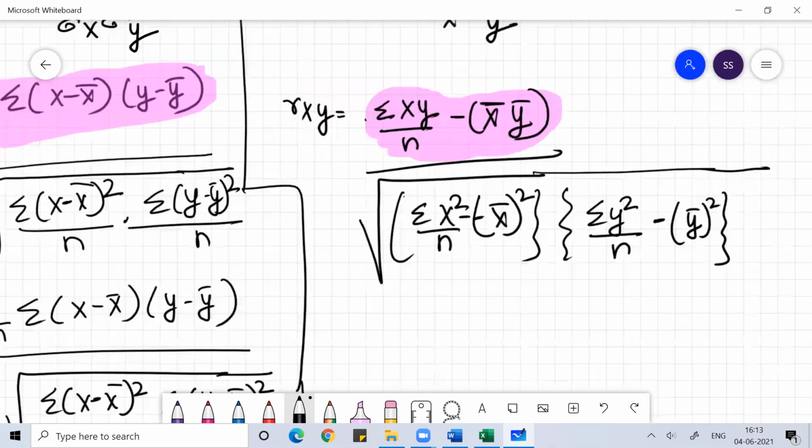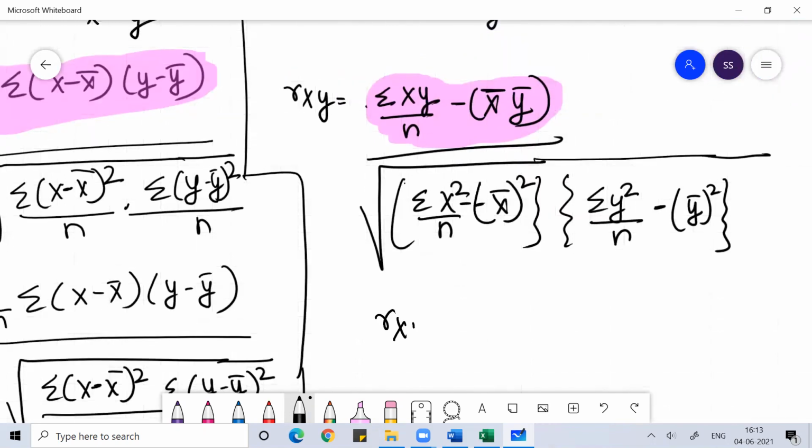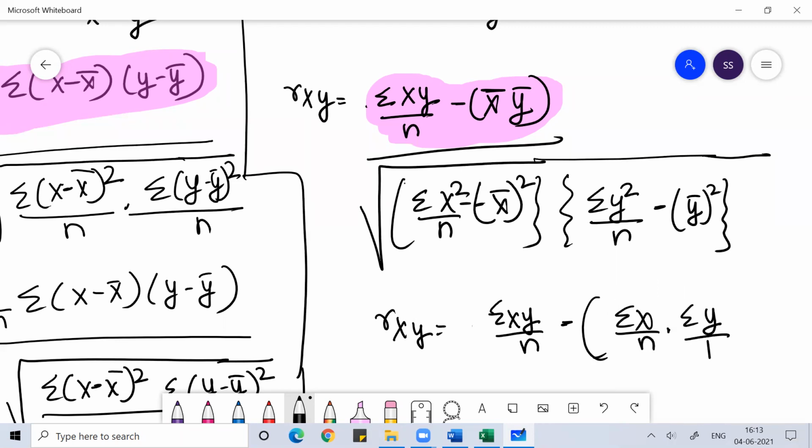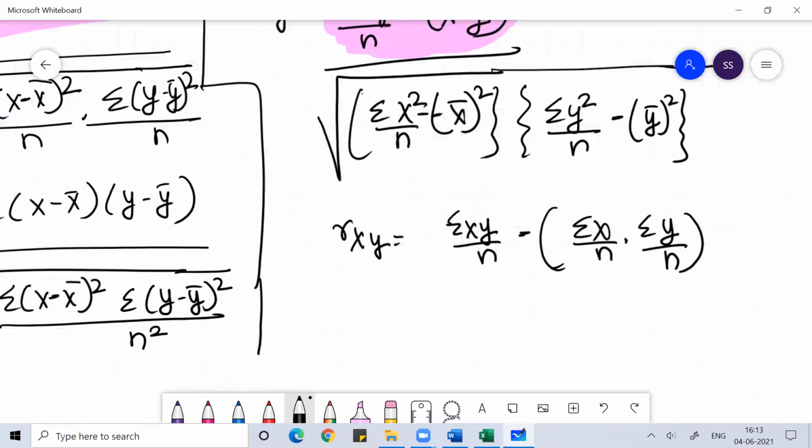Now you can write this formula: r of xy is equal to summation of xy by n minus x bar into y bar. This x bar you can write as sum of x by n and y bar as sum of y by n.